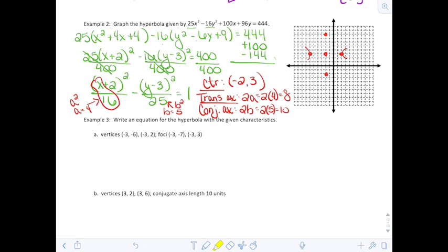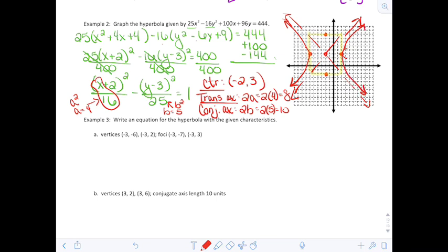So now I'm going to draw my box. And I'm going to draw my asymptotes. So diagonals through the rectangle in the center will allow me to graph these hyperbolas. So I'm going to create a symmetric hyperbola on each vertex.